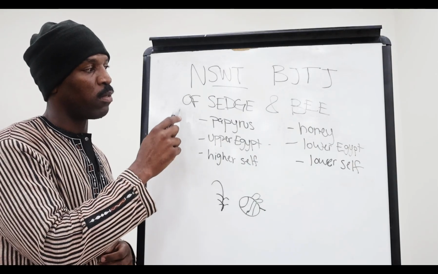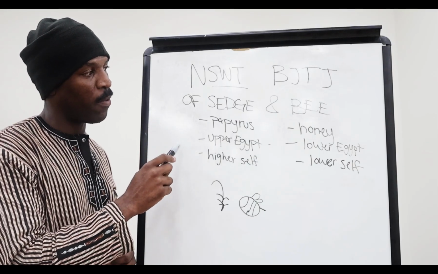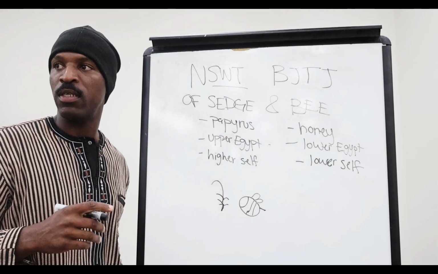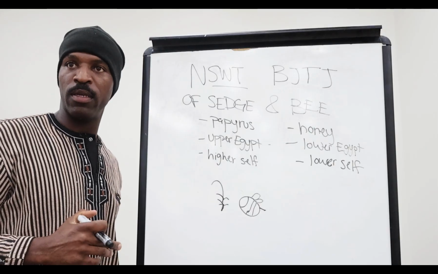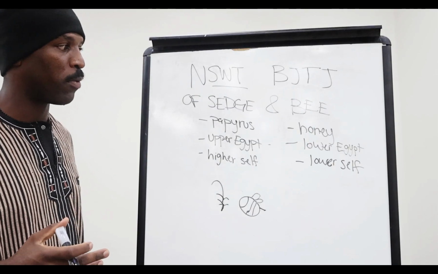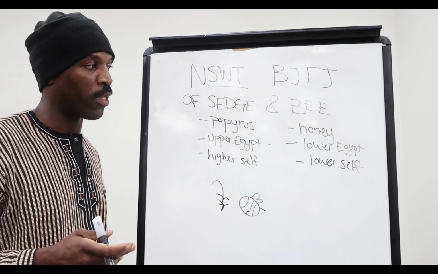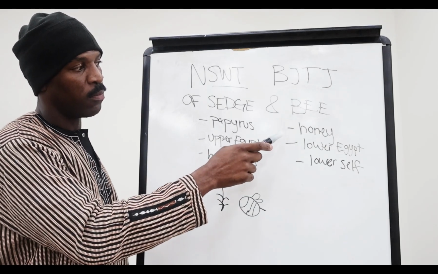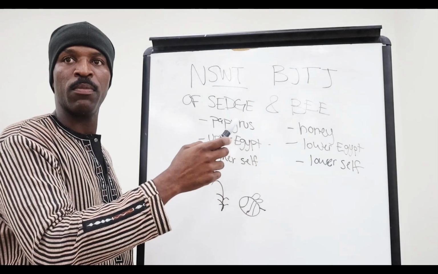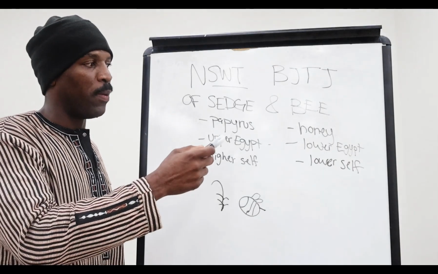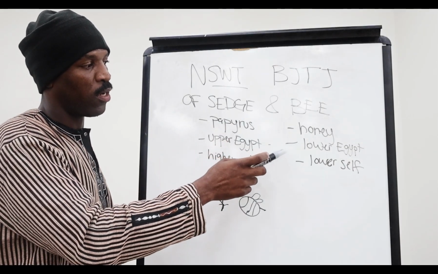And also the bee represented honey. Egyptians were honey farmers. They had a large, vast population of honey farmers, and that was one of their main exports. The bee was also the symbol of Lower Egypt, just like the eagle is the symbol of America, right? So the bee was the symbol of Lower Egypt and also the lower self.